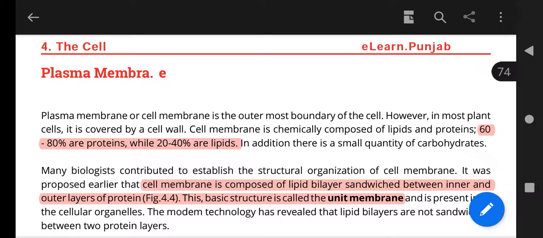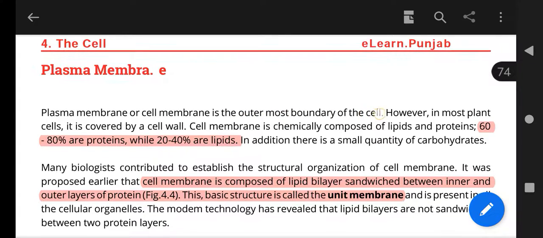Because it is in direct contact with the plasma, or we can say direct contact with the interstitial fluid. The cell membrane of the organelles that are present in the cell is not called the plasma membrane, but the cell membrane of the cell is actually the plasma membrane. So it is the outermost boundary of animal cell.